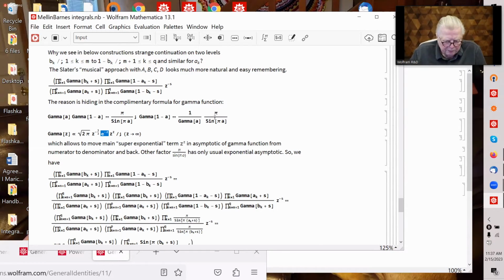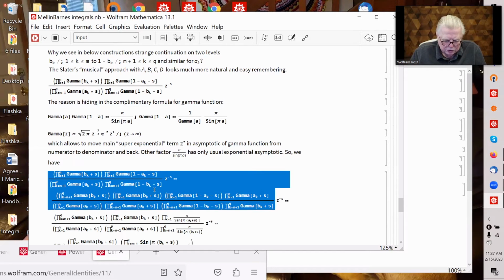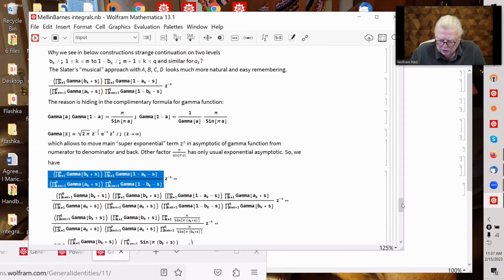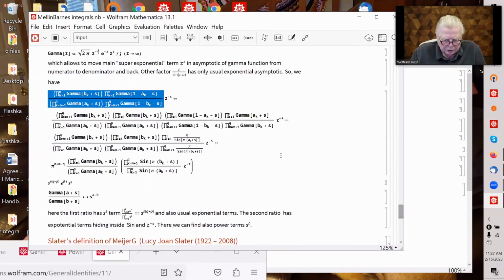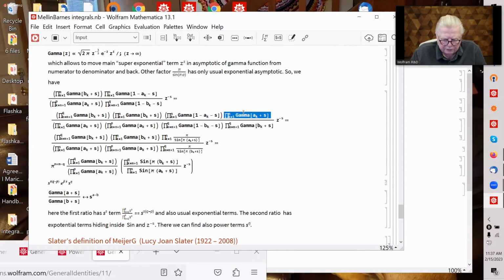So basically, here, if we do similar operations, we should multiply numerator and denominator on the same values, then use above complementary formula, we get this, and then we get this.